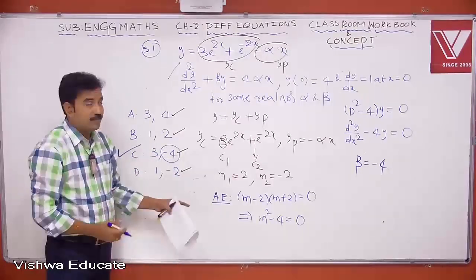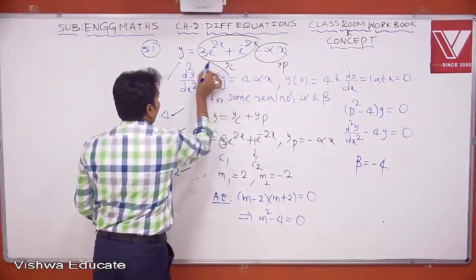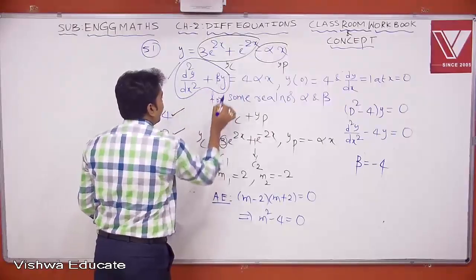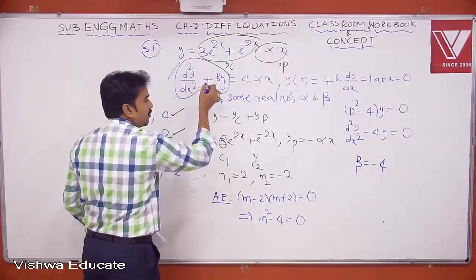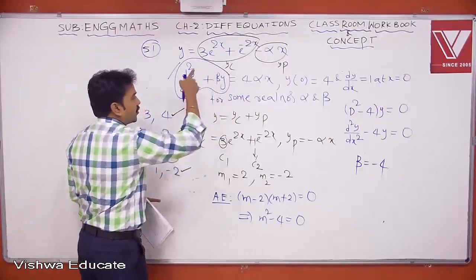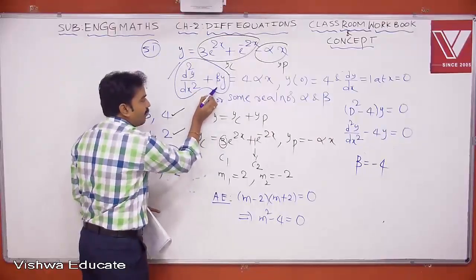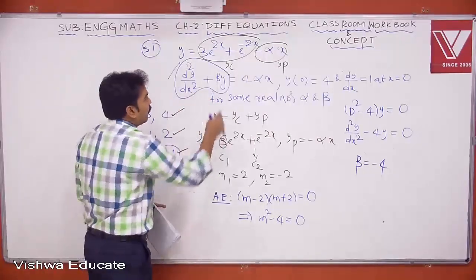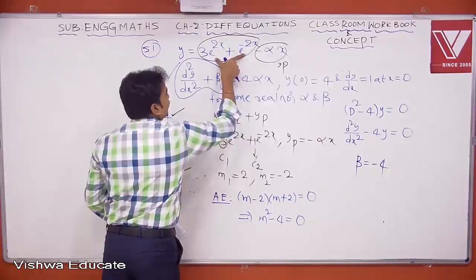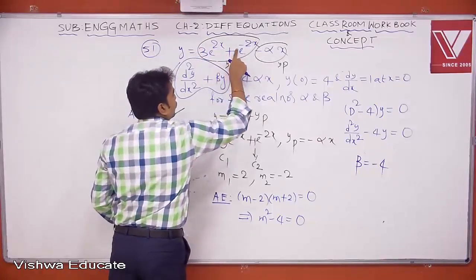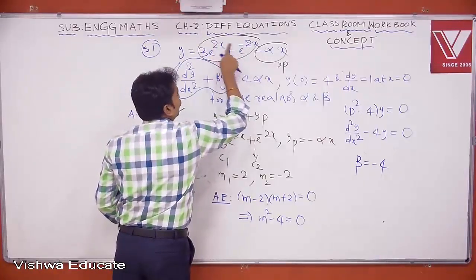I got the beta value. Here beta is on the LHS of my equation. So when you find the auxiliary equation, from that you can generate the differential equation so that you can easily get the value of beta. Basically this is nothing but yc. Of course, c1 is 3 and c2 is 1. But what are the roots? 2 and minus 2.